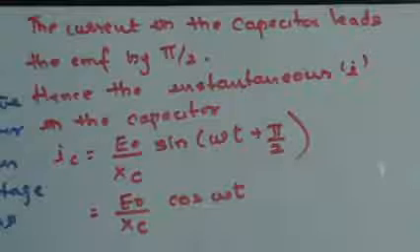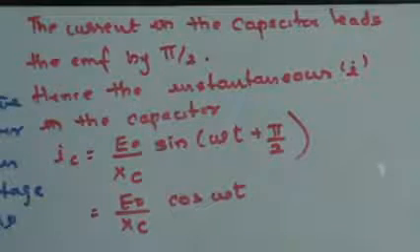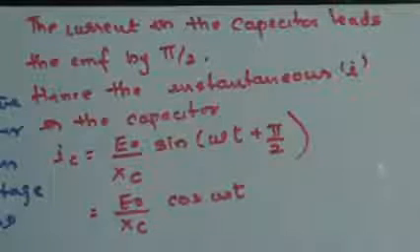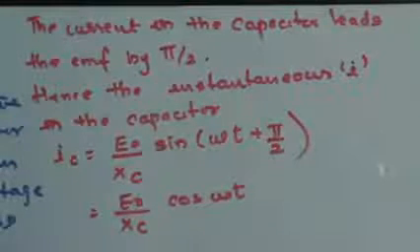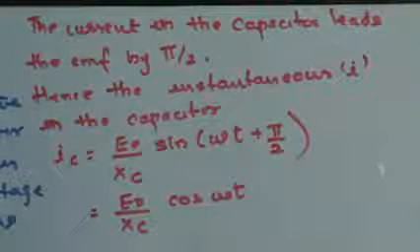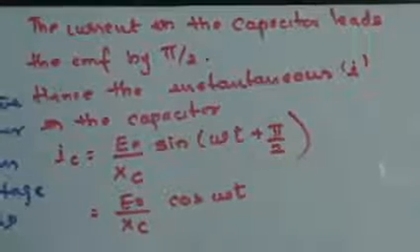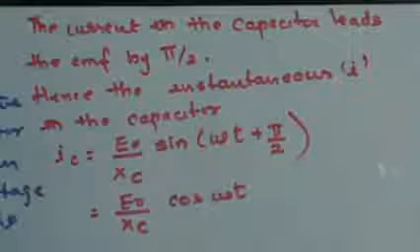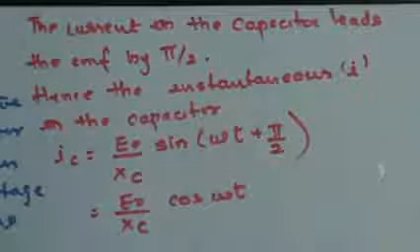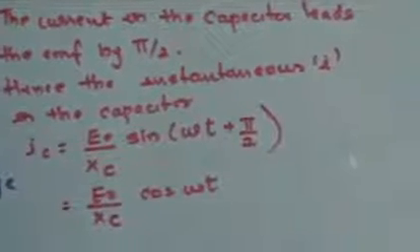Now, by the diagram I can say that the current in the inductor and capacitor differ from each other by a phase difference of pi radians. In the inductor it lags by pi by 2 radians, in the capacitor it leads by pi by 2 radians. So the total phase difference between the two currents is going to be pi radians.